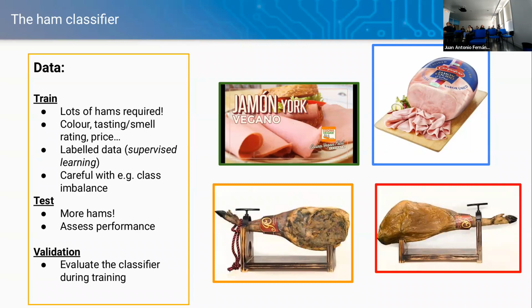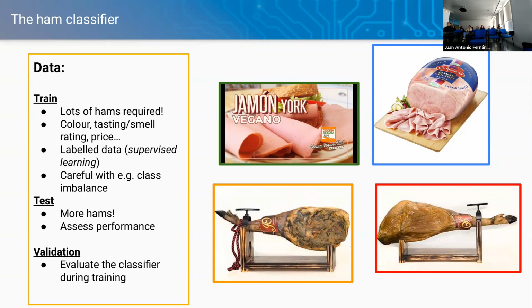So first, the data. We will need, in this case, 3 different sets of data. These 3 sets of data come from random datasets of a lot of different hams, and the only difference is that we will split them into these different bits because they will be used for different things during the machine learning.